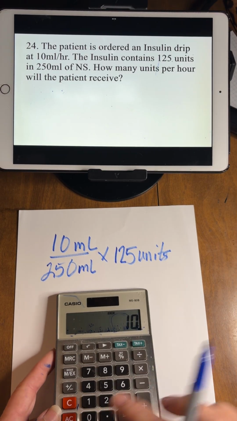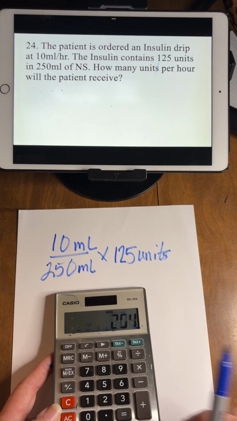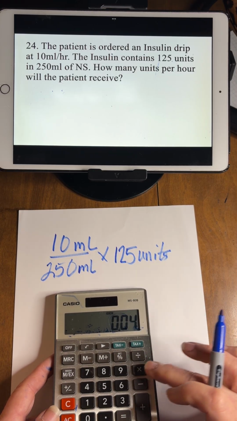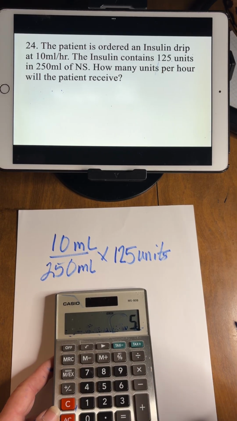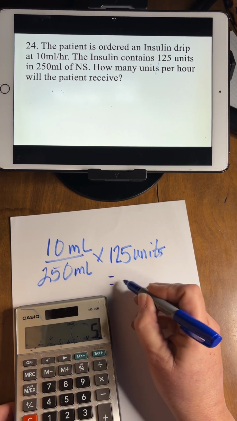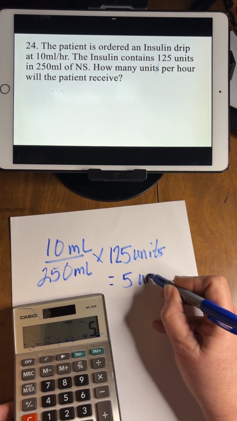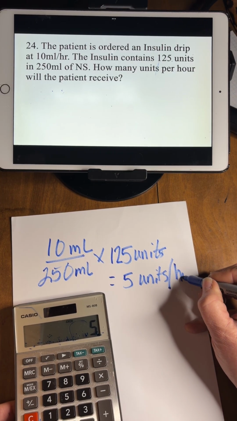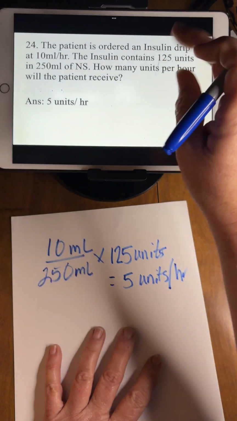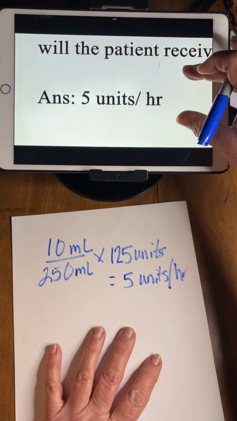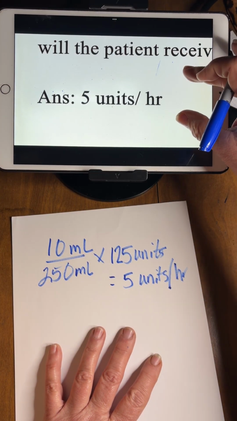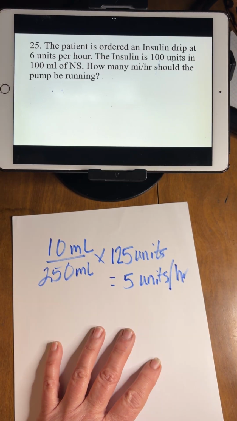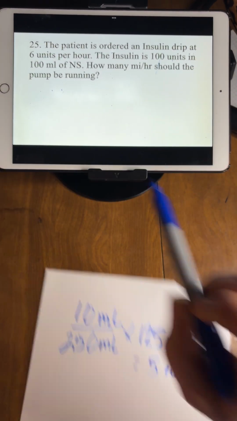So 10 divided by 250 equals, you know you're not done, so don't freak out because that don't look right. I'm gonna shut up. It should go at 5 units per hour. Look, boom. We saved another one. We need t-shirts. Yeah. So here's the last one.